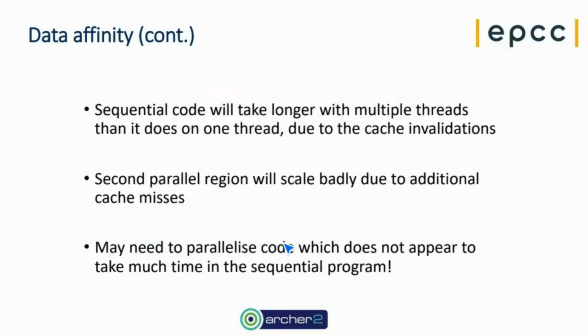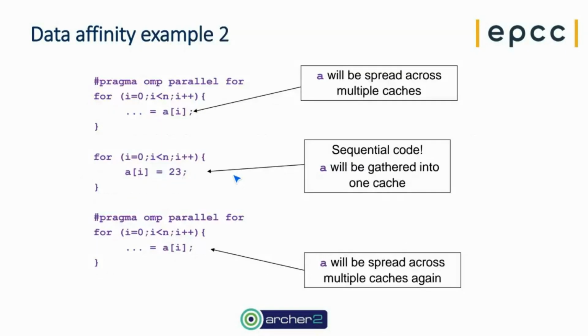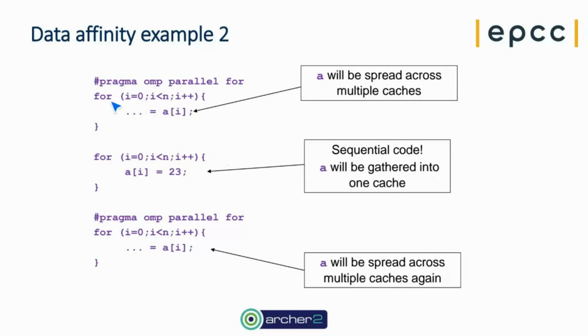So what we actually see here is perhaps a slightly unexpected phenomenon. Partly why I introduced this example is that if we measure the execution time of this sequential loop here, it will be longer if there are multiple threads executing the parallel loops because of the cost of the invalidations.